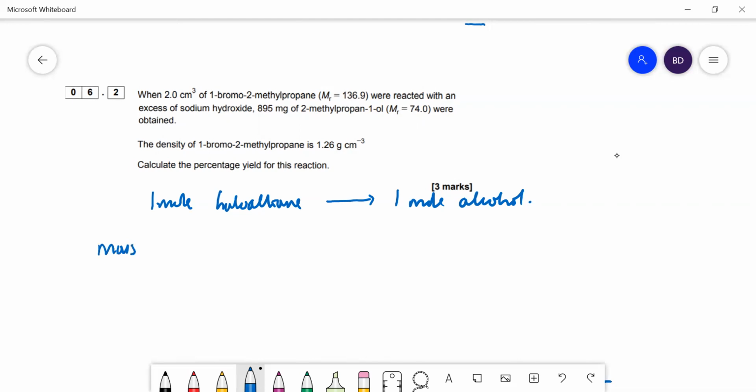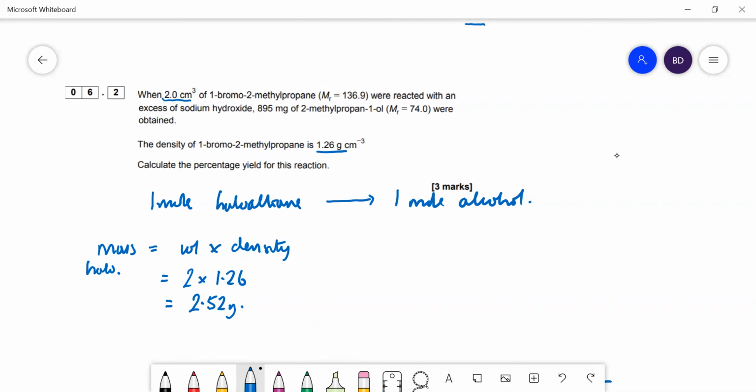Right, what is the mass of haloalkane to start off with? Well, they give us the density, and they give us the volume, 2 centimeters cubed. So the mass of the haloalkane is going to be volume times density. The volume is 2, the density is 1.26, that is equal to 2.52 grams.